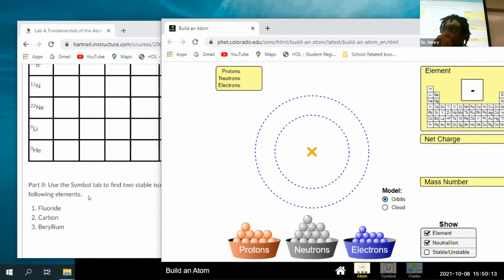Okay. So part 2 is you're going to try to find 2 stable isotopes for each of the following elements. We're doing fluorine, carbon, and beryllium. So if we're doing fluorine, how many protons does fluorine have?